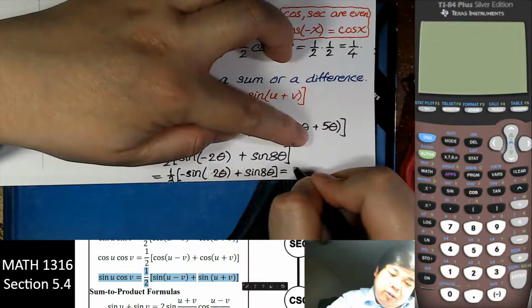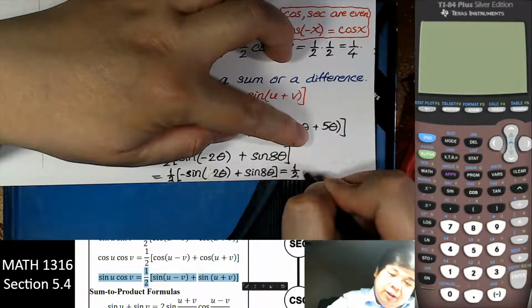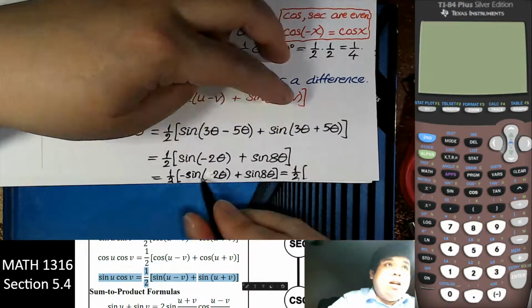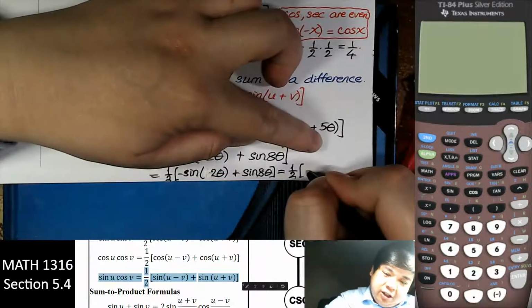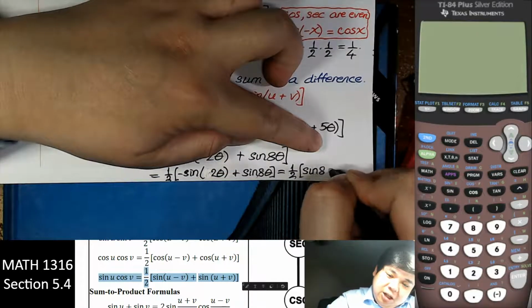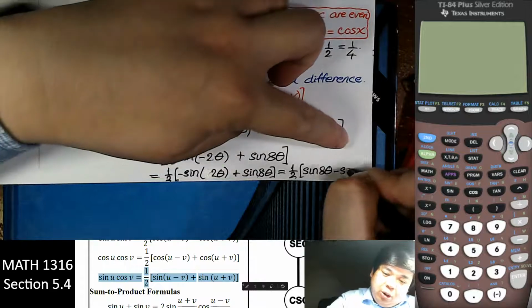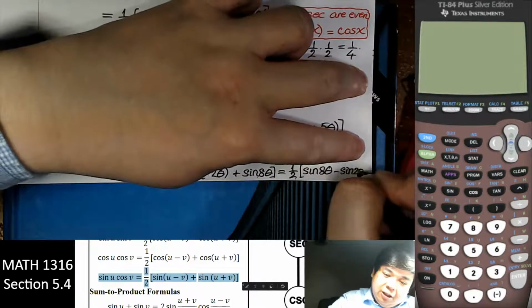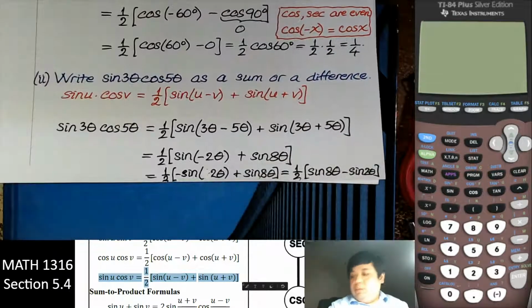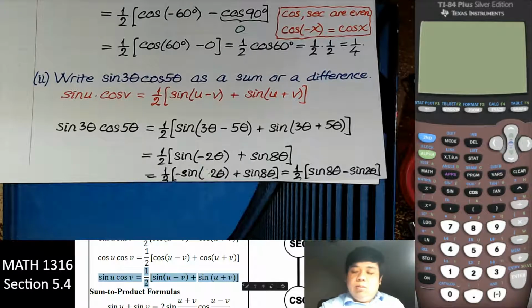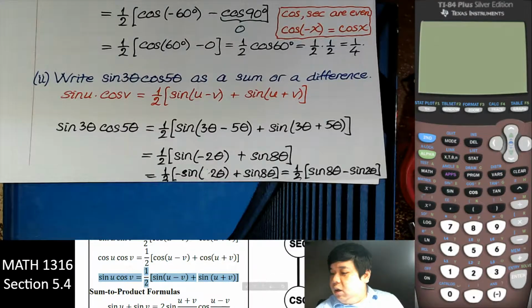So we have 1/2 sine of 8 theta minus sine of 2 theta. Just move things around so it will look better. So we have that.